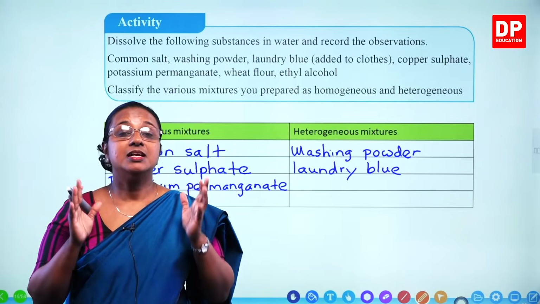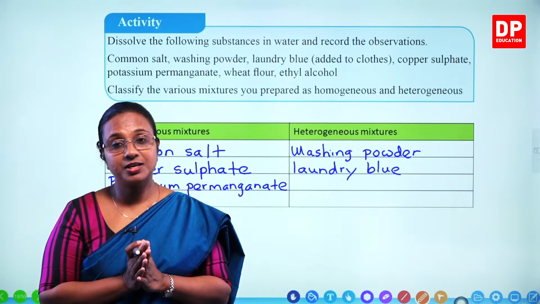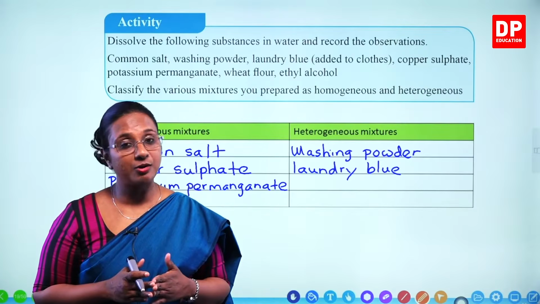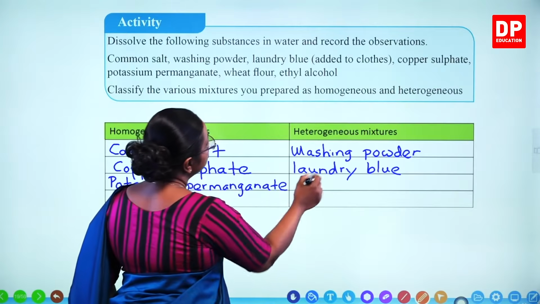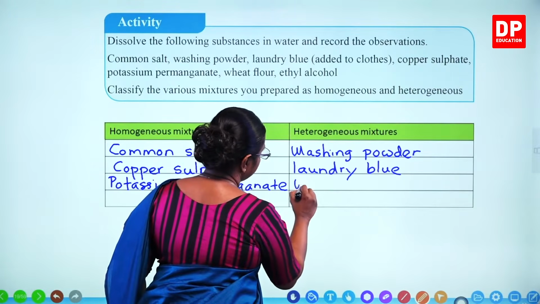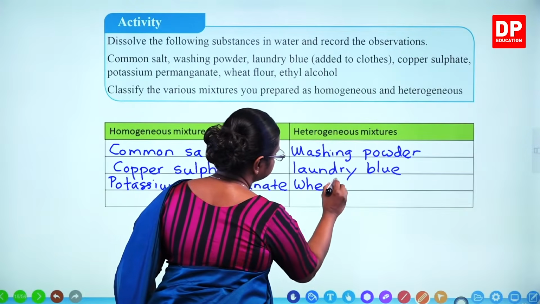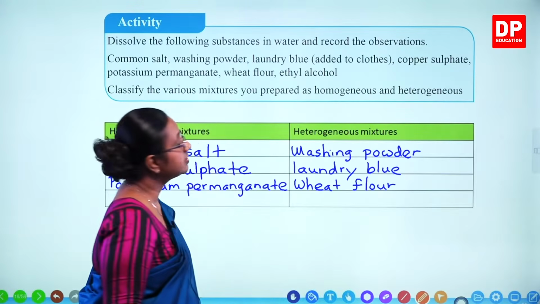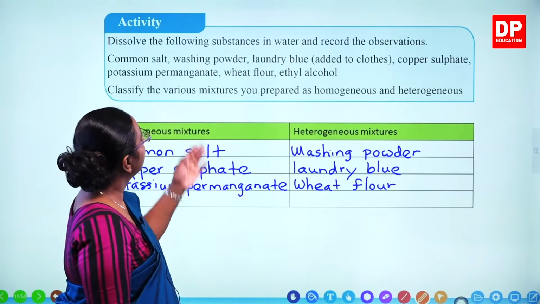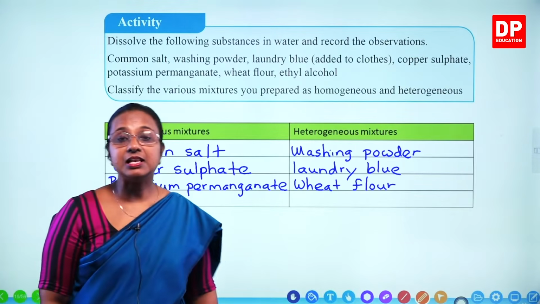That means the distribution of the components is not uniform throughout the mixture. Therefore, it is a heterogeneous mixture. So, wheat flour is a heterogeneous mixture.